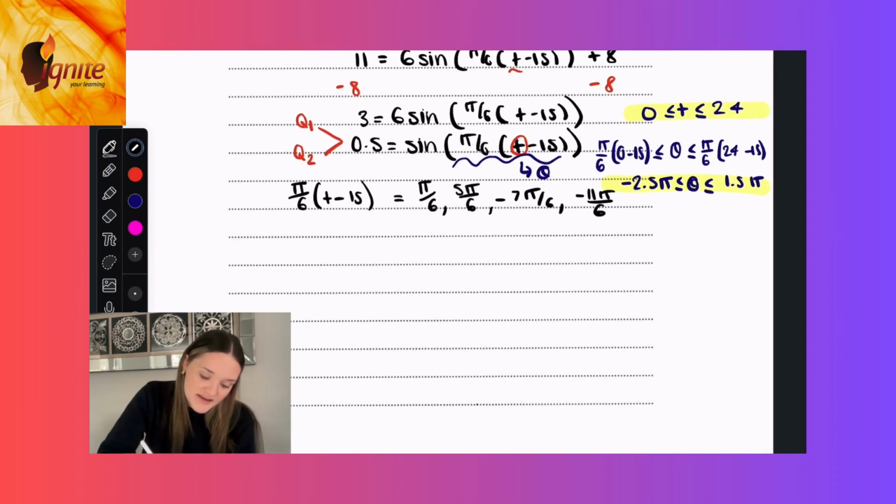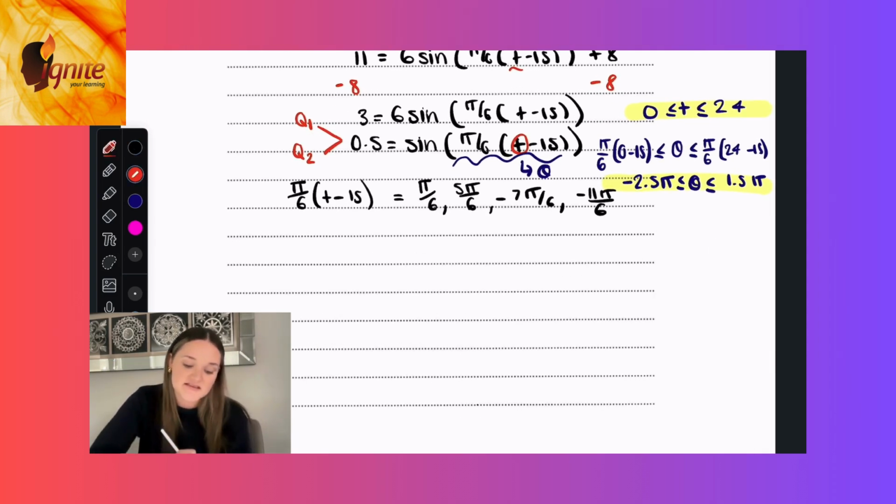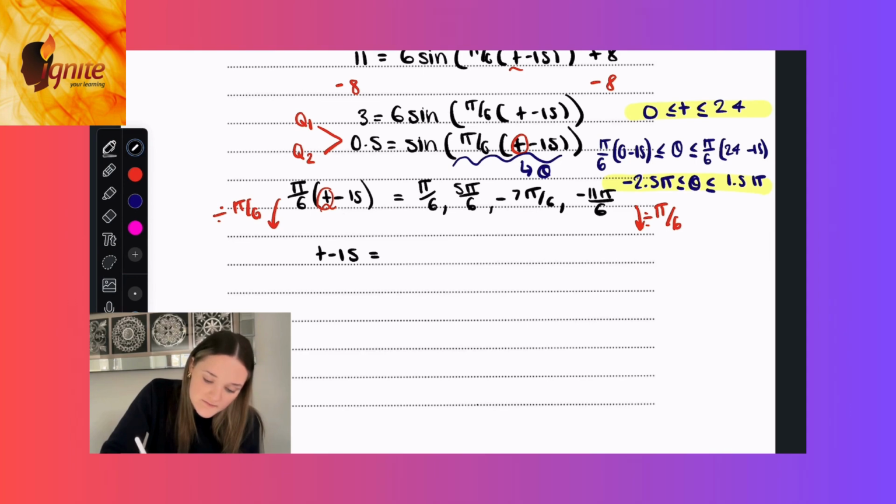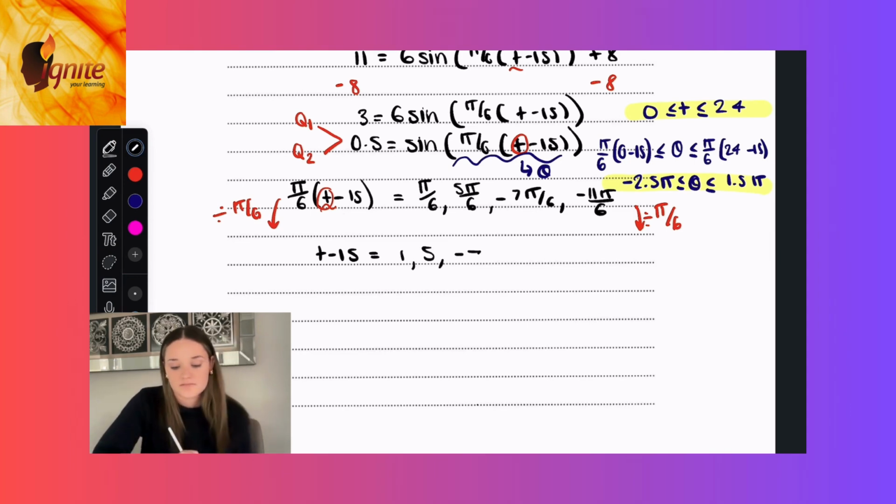I then want to keep solving for t, so I really want to isolate t here. I can divide both sides by its coefficient of pi on 6. If I divide both sides by that coefficient, it gets rid of my pi on 6, and I get t minus 15 equal to 1, 5, negative 7, and negative 11.